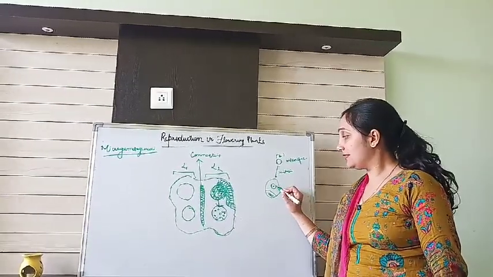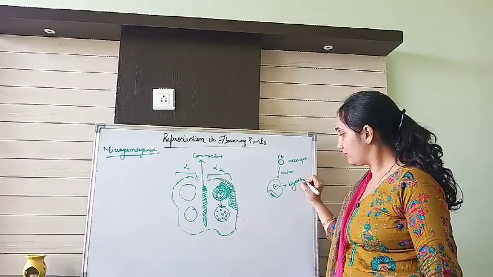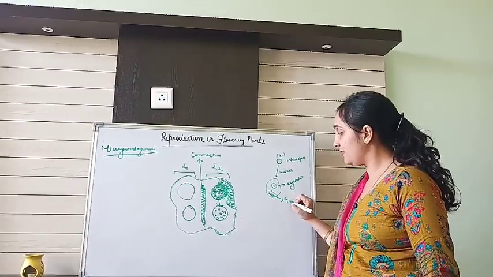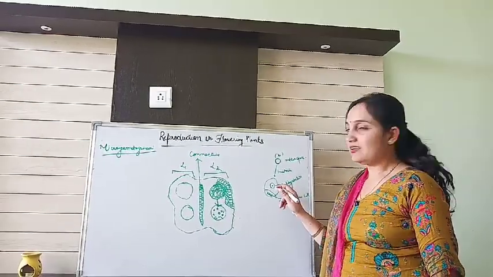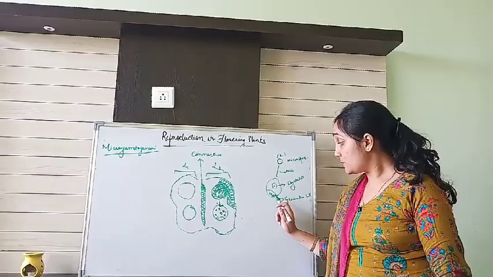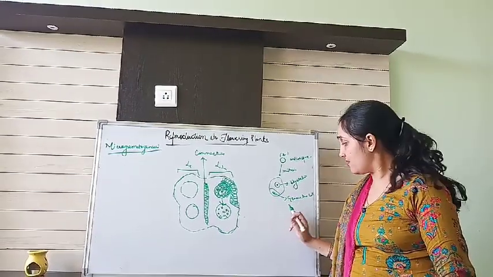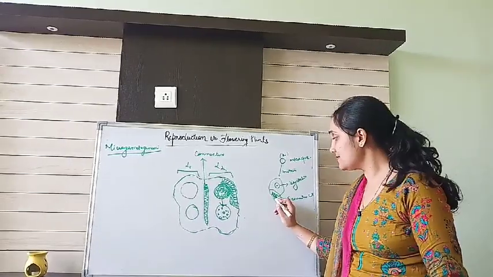This cell is called the vegetative cell and this is the generative cell. The shape of the vegetative cell is irregular, but specifically the generative cell has a spindle type of shape.